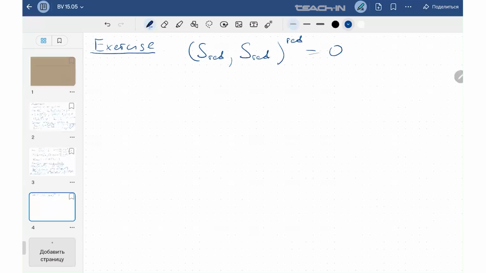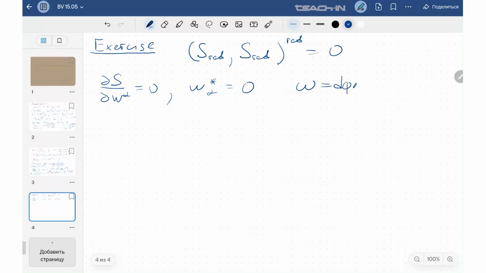So we consider the surface ds over dw alpha equals 0, w star alpha equals 0. Initially, our symplectic form was d phi, d phi star, plus dw alpha, dw star alpha.